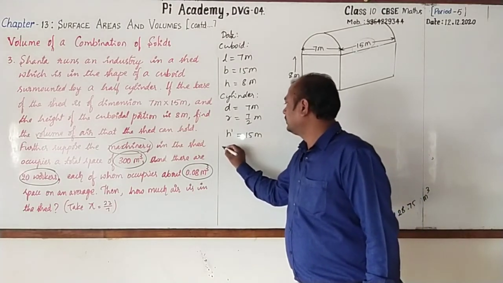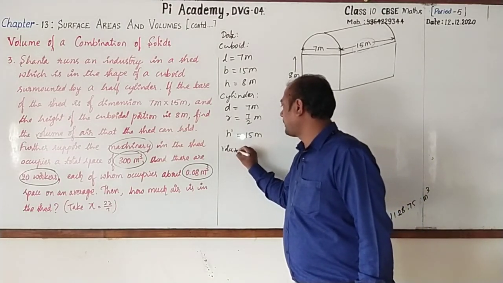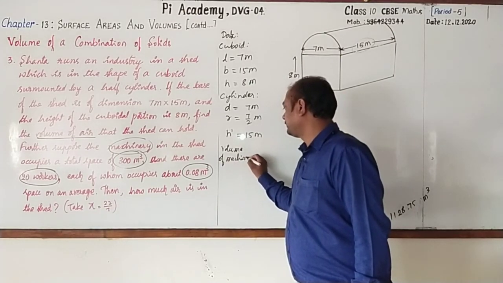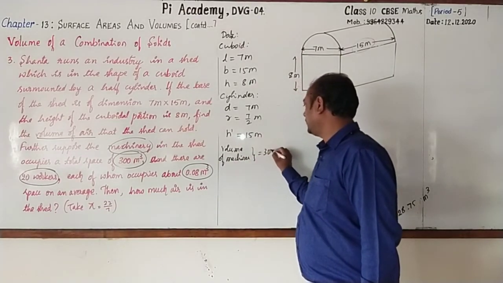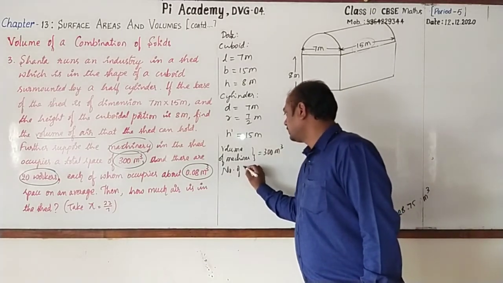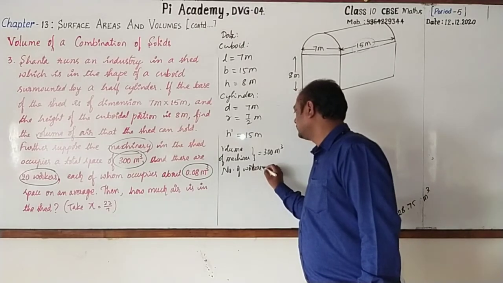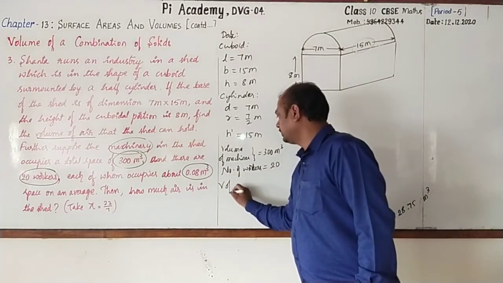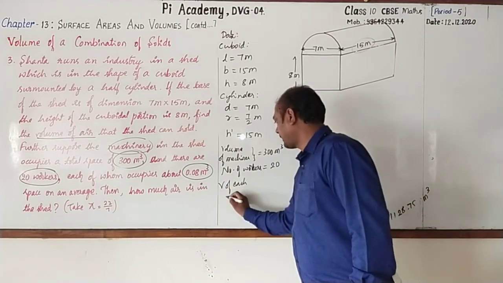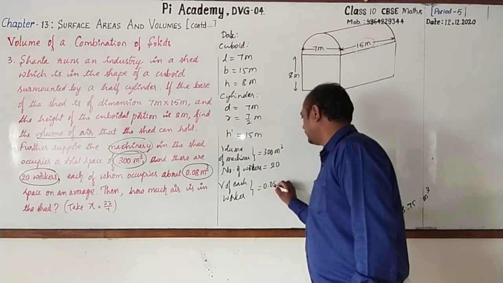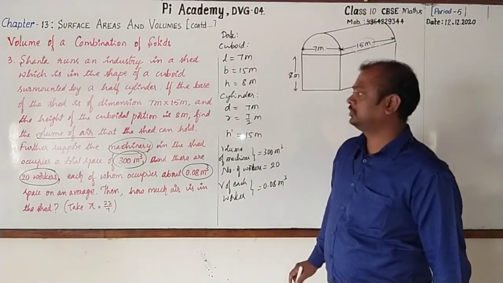It is volume of machines, it is equal to 300 meter cube. The number of workers is equal to 20. Volume of each worker is equal to 0.08 meter cube.